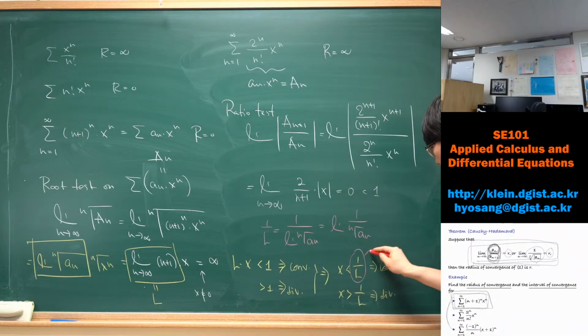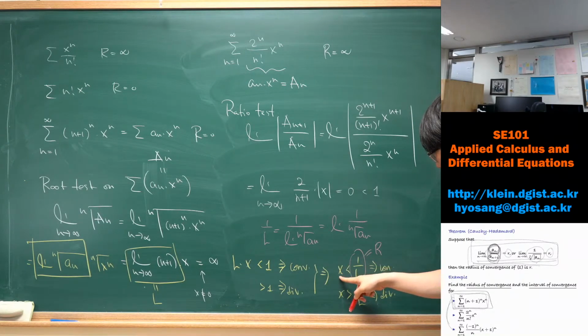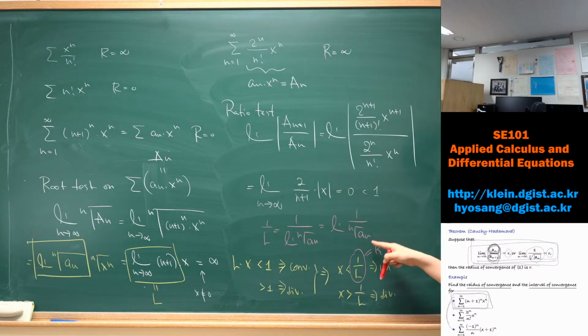And what does the 1 over L in this inequality say? It's basically the same as the definition of the radius of convergence. This is the R. Okay? We have a center equal to 0, that's why I have x. Instead, if I had a center C, then x minus C would be on the left-hand side. However, if this is less than R, then it converges, and bigger than R, it diverges.